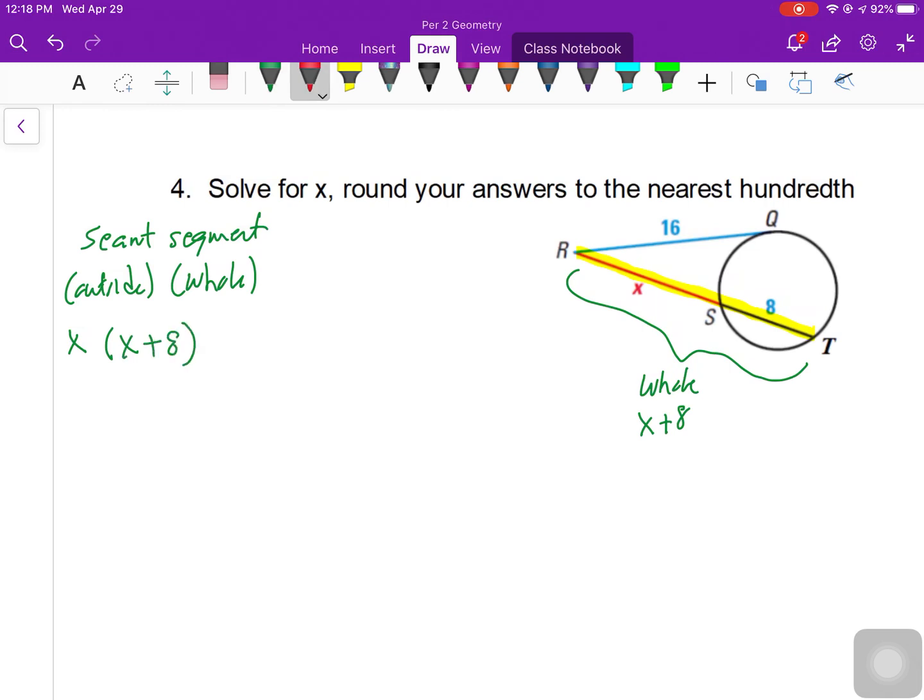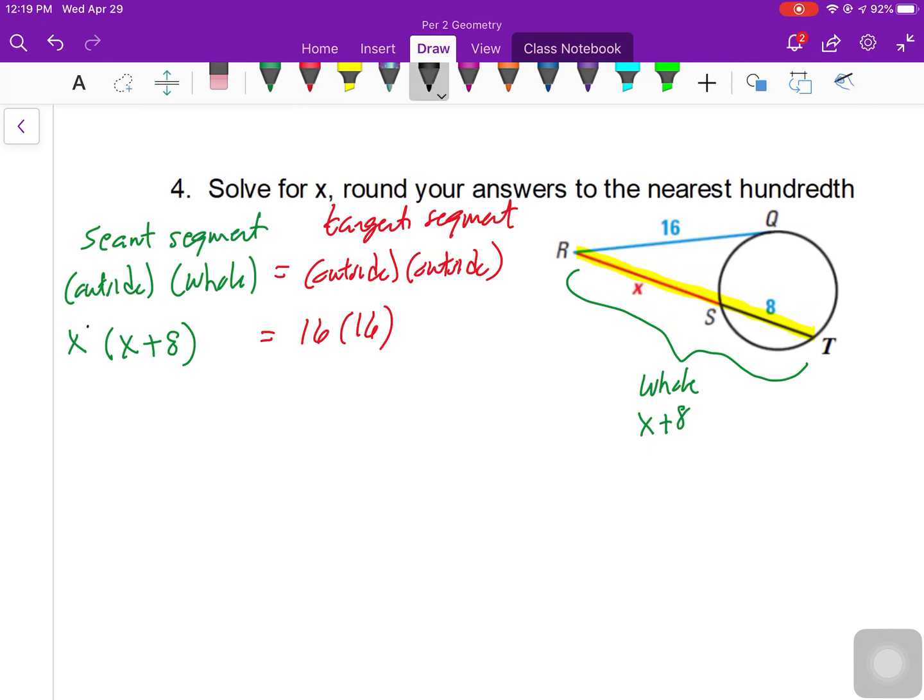So for that yellow one, I'm going to be taking x times x plus 8. Now for the tangent segment, we take outside times outside. So for that tangent segment, I'm just going to take 16 times 16. And that is what we need to solve.